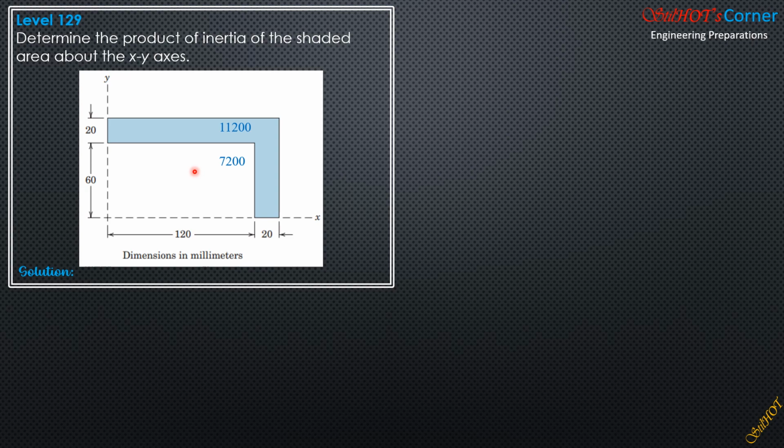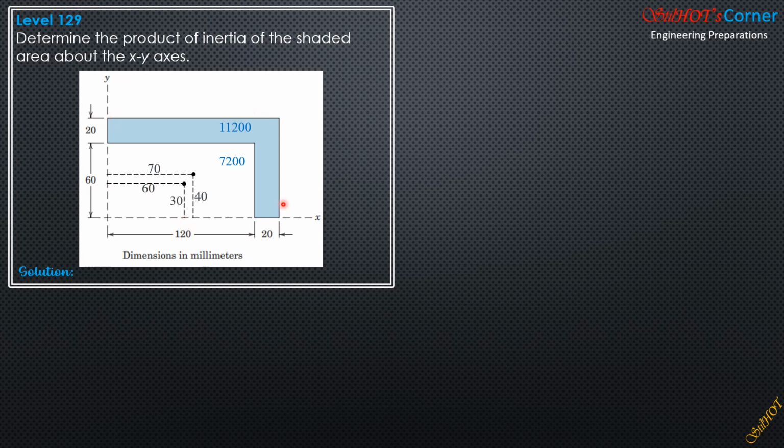The location of the centroid of the bigger rectangle is here, so that is 70, and this is 40. 70 is half of 140, 40 is half of 80. Then the centroid of this smaller rectangle is here, so that is half of 120, 60, and half of 60, 30. So 60, 30.